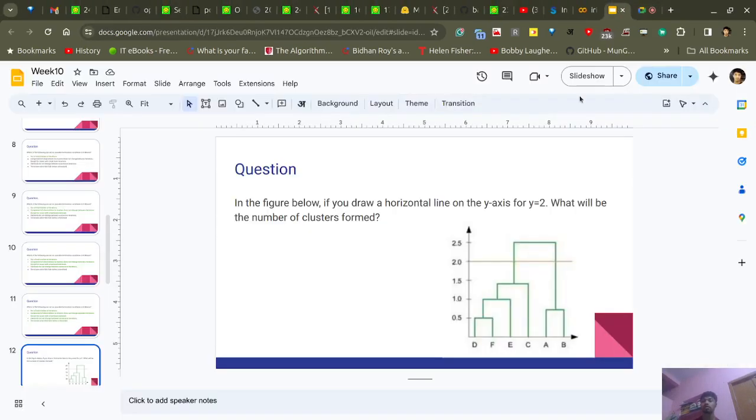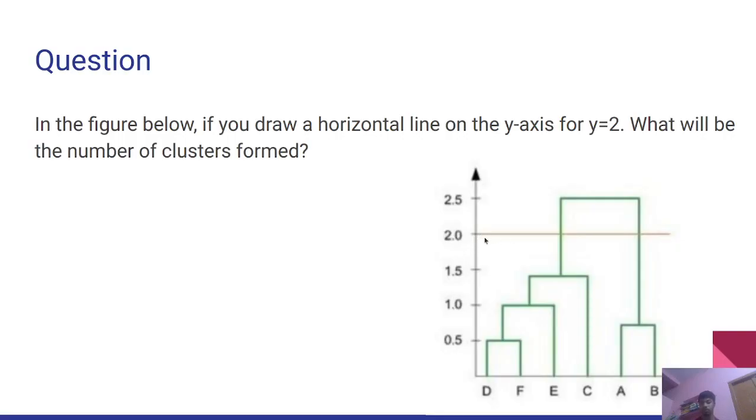Right. So here the number of clusters is 2 because if you look through this line, there are two intersections here. From that you can easily identify that there are two clusters here at this point.